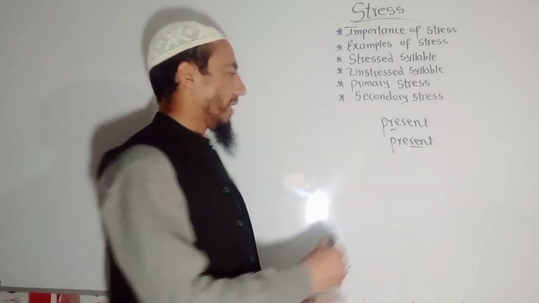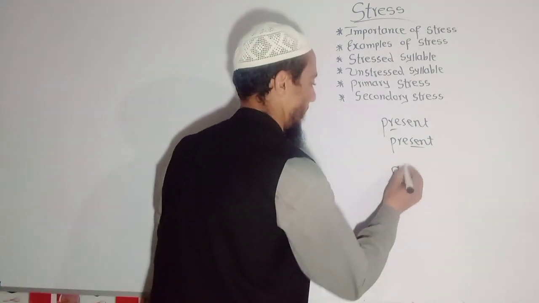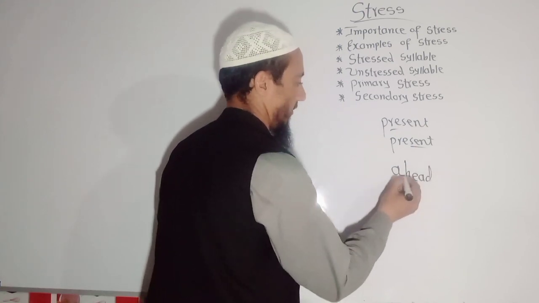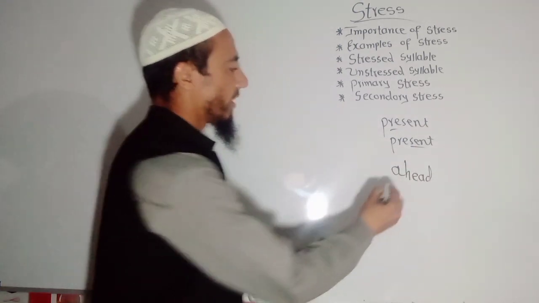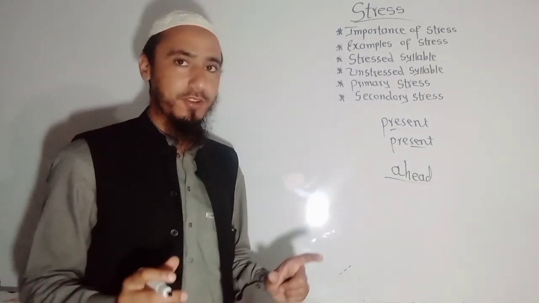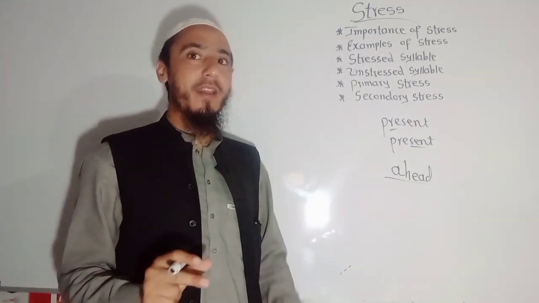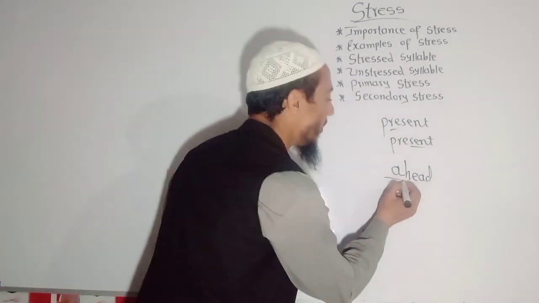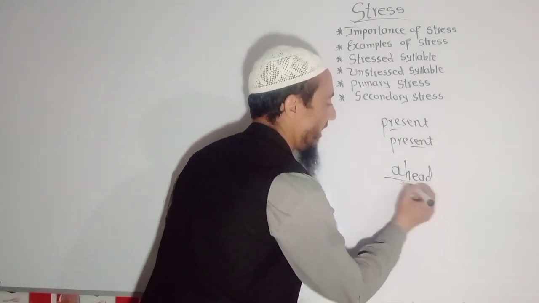For example, I am writing a word, ahead. I wrote it a bit separately. You know, this is the word ahead. So how many syllables are there? Ahead. Two syllables are there. One is a, another is head.